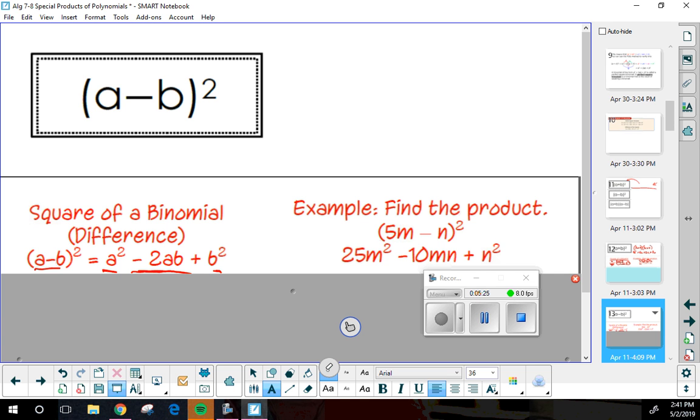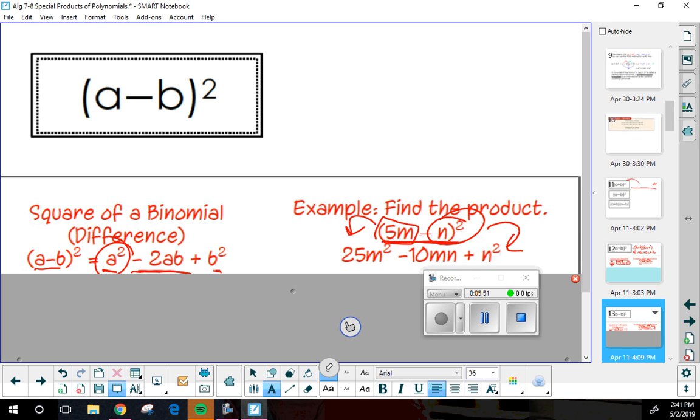So let's look at an example. On the right-hand side of your foldable, it says 5m minus n. So we're going to square the first term. What is 5m squared? 25m squared, yes? And then I like to come over here and square this back term. Negative n times negative n is negative n squared.